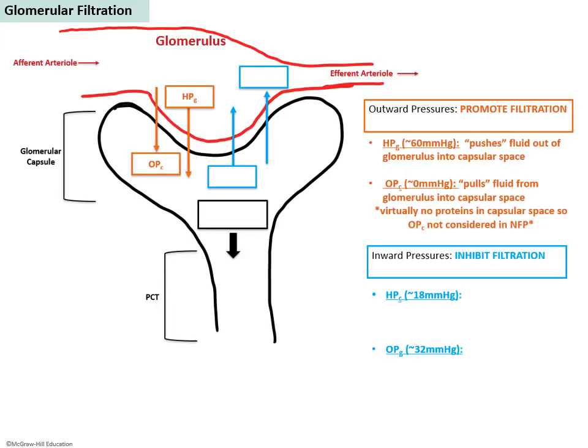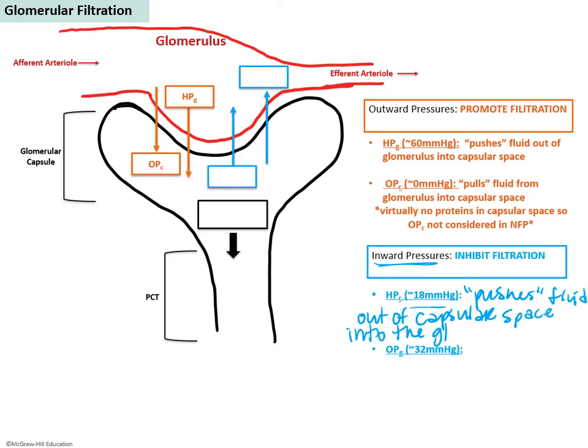All right, let's draw this in now. It's an inward pressure. It's going to be down here in blue. It's about 18 millimeters of mercury. And this is going to push fluid out of the capsular space into the glomerulus.